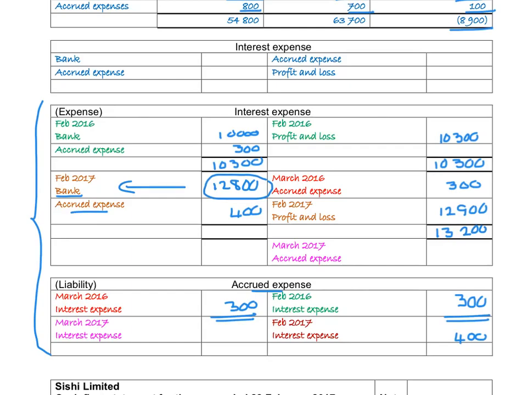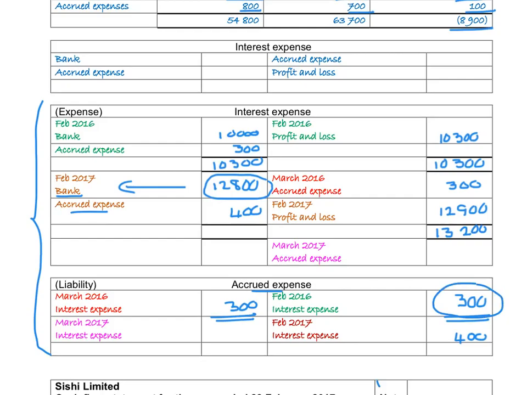If we look at our interest expense account that we will open for this specific question, we see that there's accrued expense at the beginning of the year. Now, in this example, we realize that accrued expense is a liability, therefore it has a credit balance.